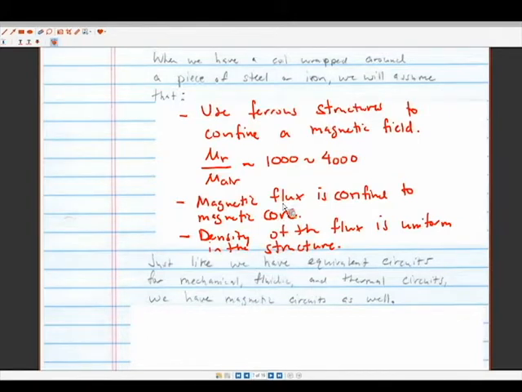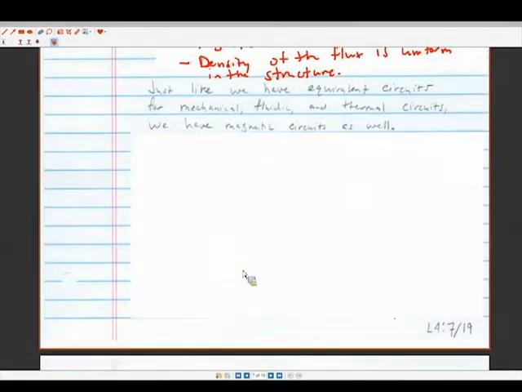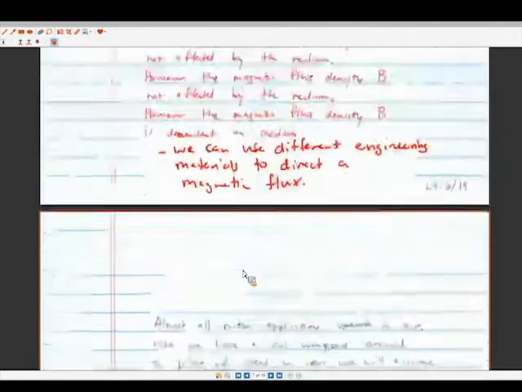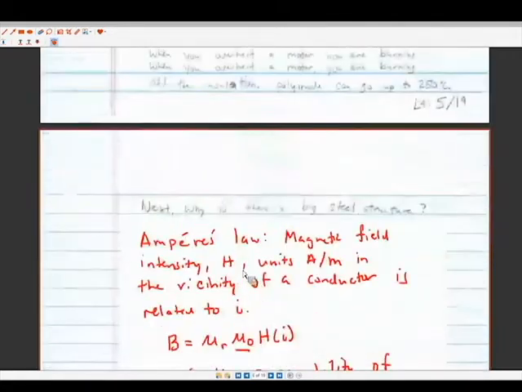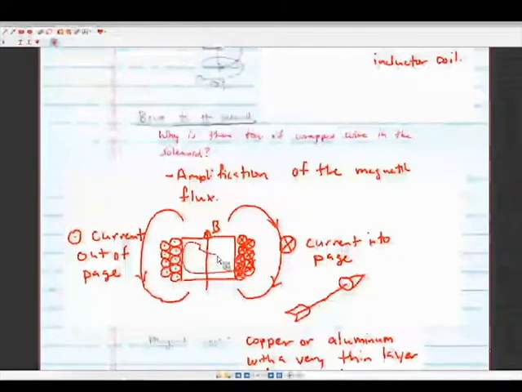Okay, so we're going to start to work with some really simple ferrous structures and try to understand the magnetic flux running through them. The simplest one we can think of would be just a loop. I'll go back a second.